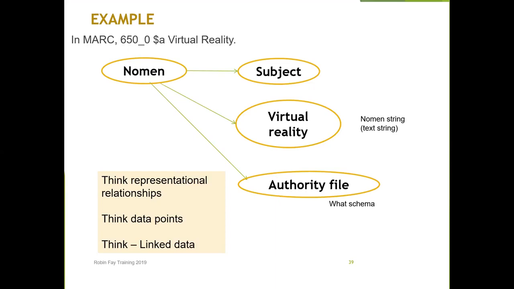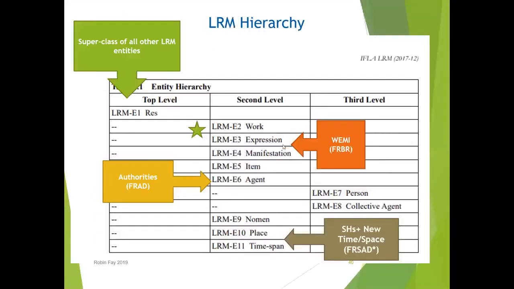You're not going to be diagramming this when you're doing your cataloging work unless you're doing some kind of exercise or you're taking a quiz, or maybe you're going to take my LRM class that I'm going to be doing in a couple of months, then you might diagram this stuff. Otherwise, if you're in a MARC record, you're just going to do your 650 virtual reality.